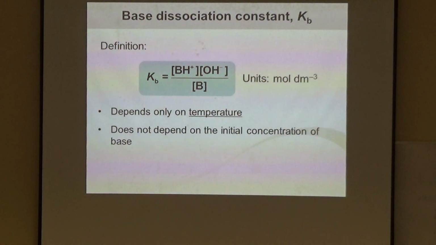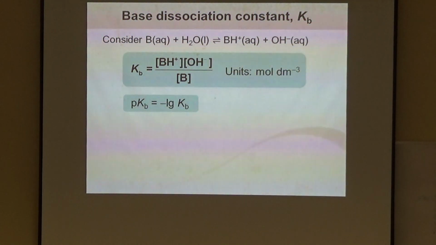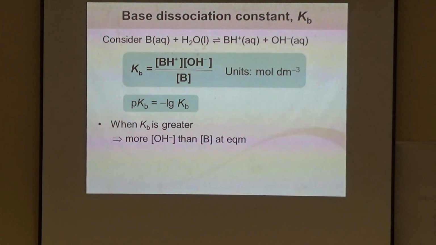Units mole per dm cube, depends only on temperature, does not depend on the initial concentration. Take log. Again, similar explanation. When you take negative log, you get pKb.